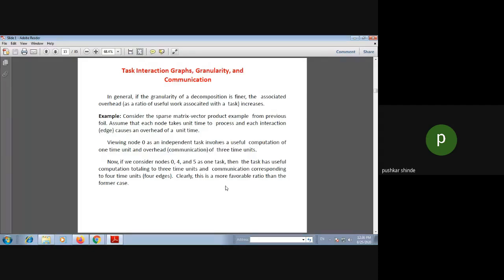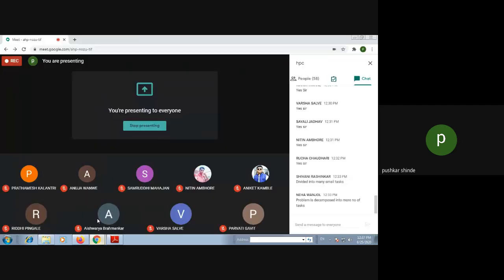So clearly the overhead has reduced when you reduce the number of tasks into which a problem is getting divided. Getting this?